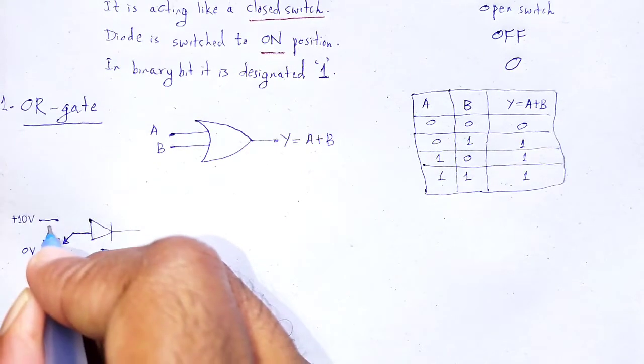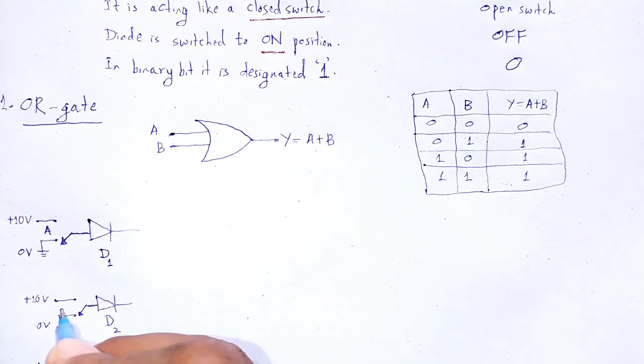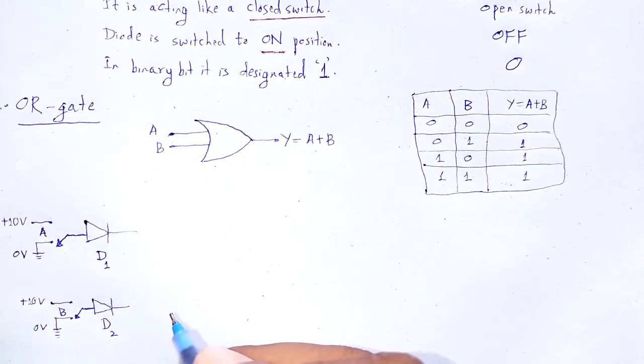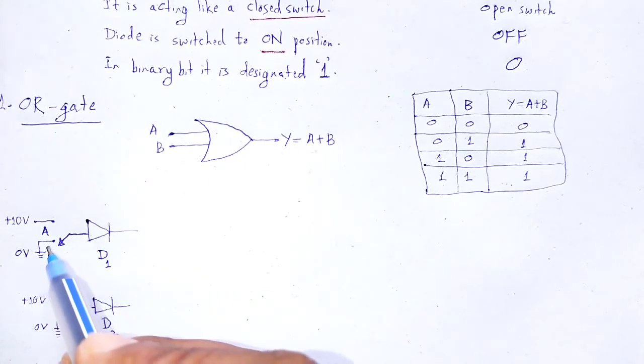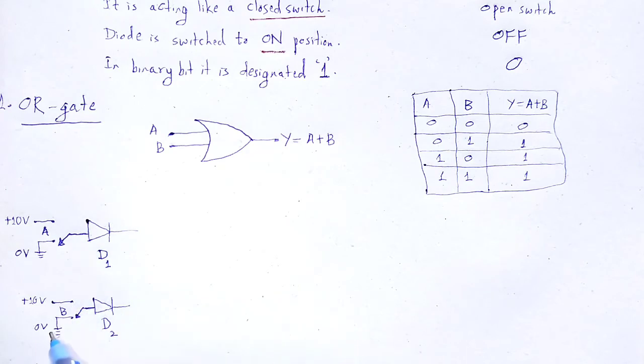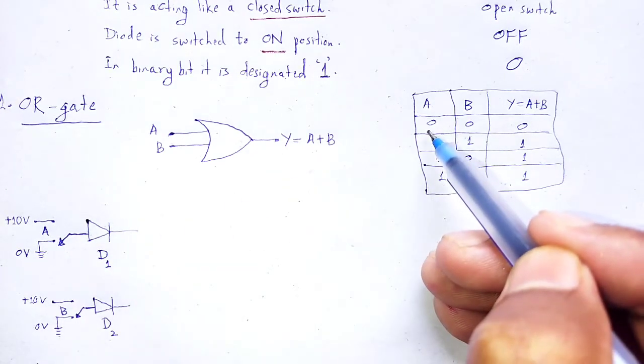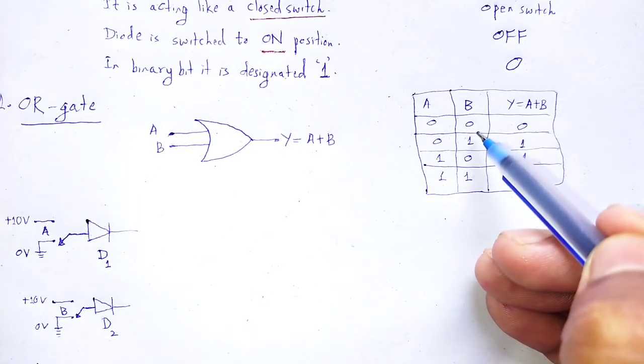Here input A, input B, 0 volt, 0 volt, meaning A input is symbolized as 0 and B input as 0.